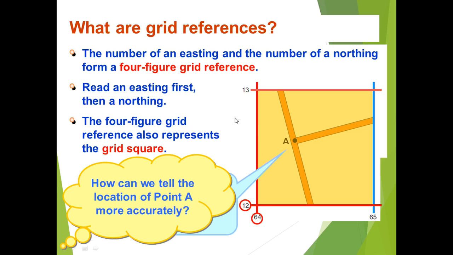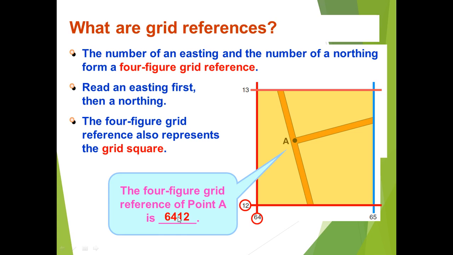If we want to tell our friend the location of point A, we can just easily tell them 6412, because 6412 is the four-figure grid reference referring to this specific grid square. So that's how we use the grid reference system to share the location of some features with our friends.